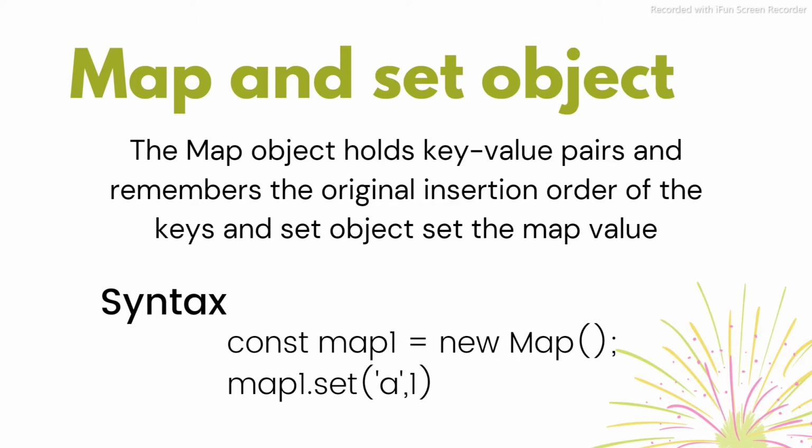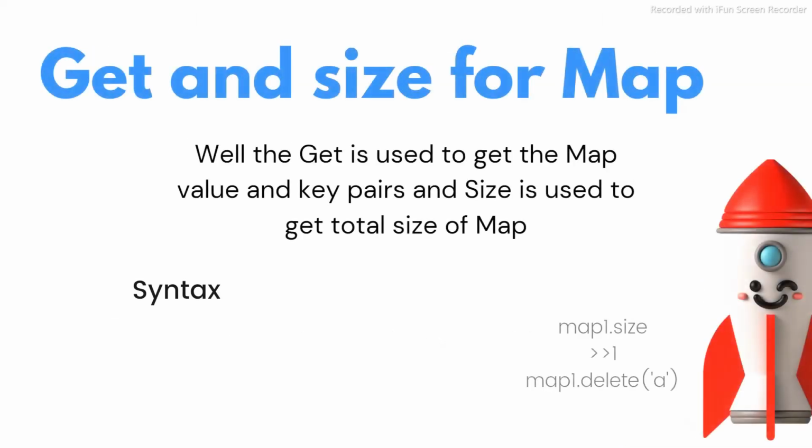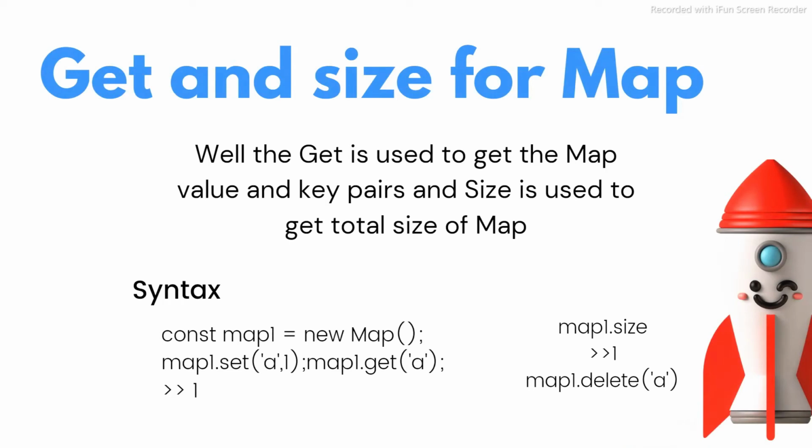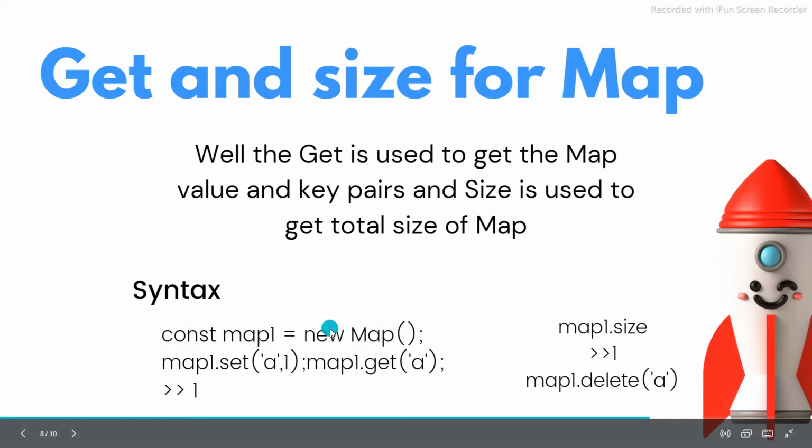Next we are moving on to get and size for a map. What are get and size? When we use the get syntax, it gives us the values present in the map. Using get we can access the values which are present in a map. Here is an example. We have created a constant map1 equal to new Map, and we have successfully created an object.